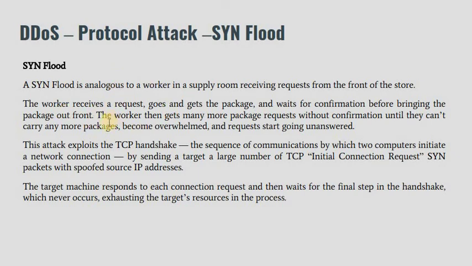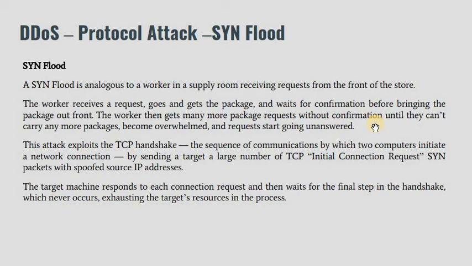There is an example given here where a worker receives a request, compiles all the information, goes and gets the package, and waits for the confirmation. Since it is a 3-phase communication, the server is going to wait for the confirmation of the sender.